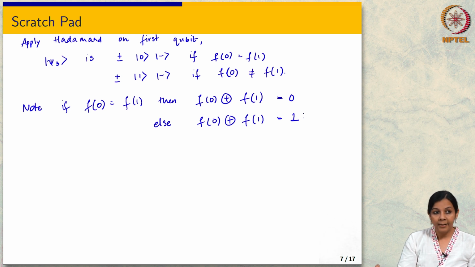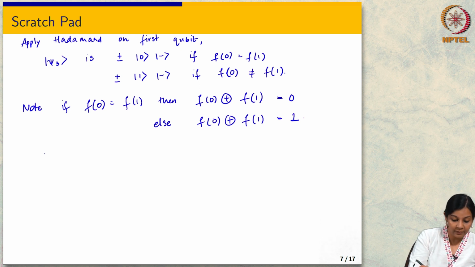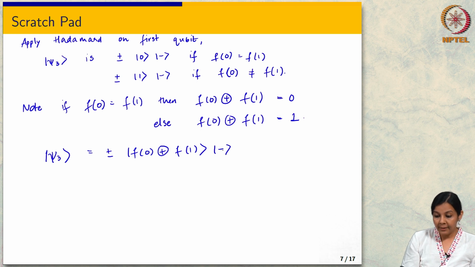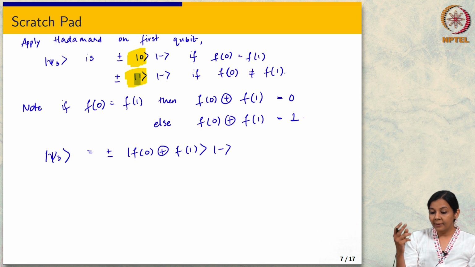So I can more succinctly write psi 3 as plus or minus the XOR of the two values. It is 0 in case 1, it is 1 in case 2, and in either case this is equal to f(0) XOR f(1).